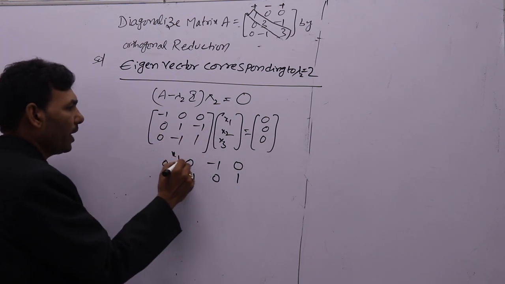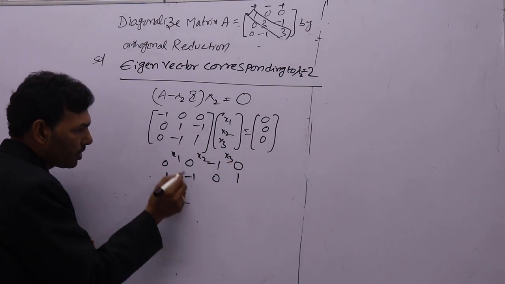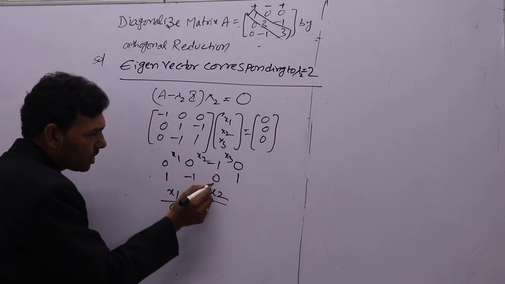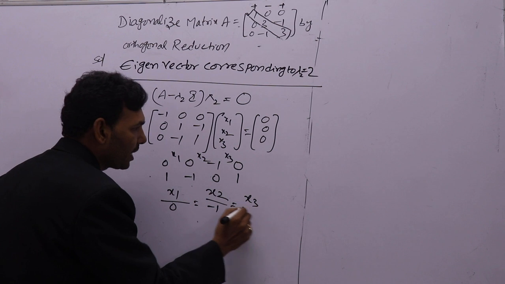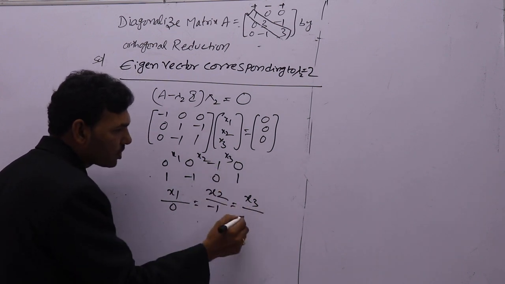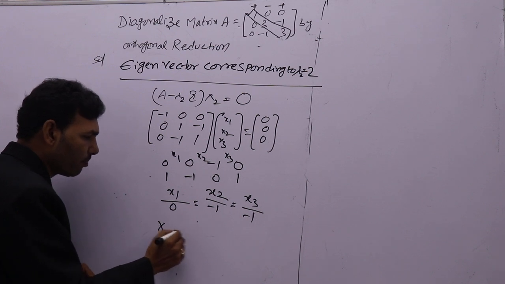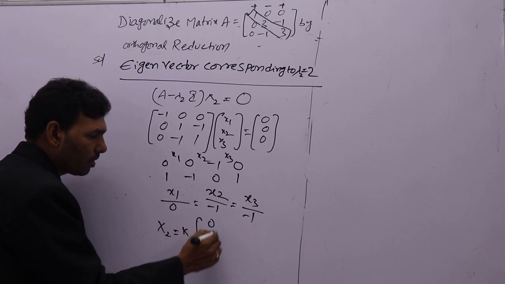Now x1, x2, x3. x1 by 0 minus 0, 0. x2 by 0 minus 1, minus 1. x3 by minus 1 minus 0, minus 1. So now the second eigenvector will be k times 0, minus 1, minus 1.